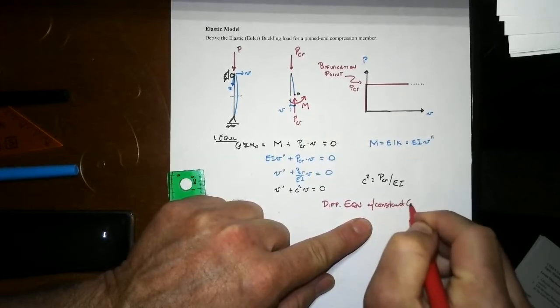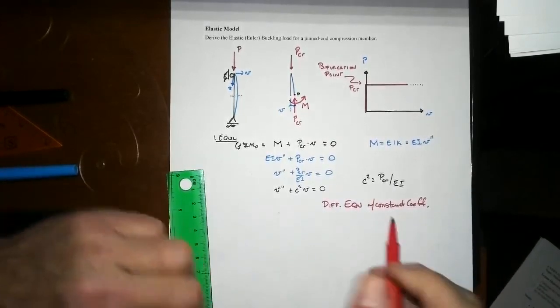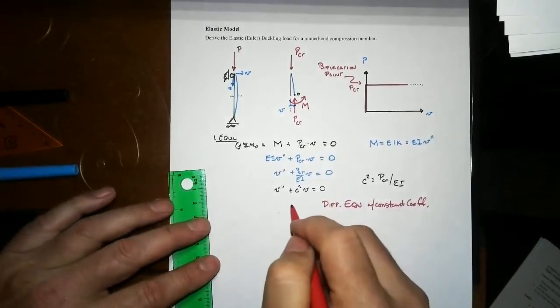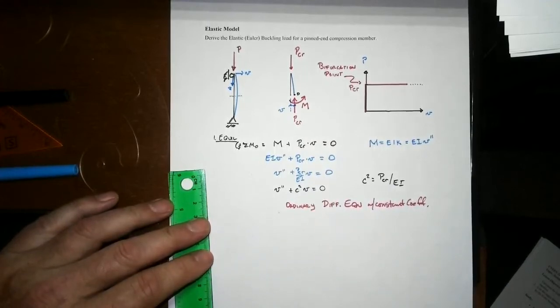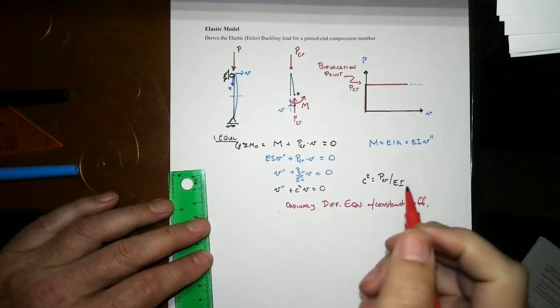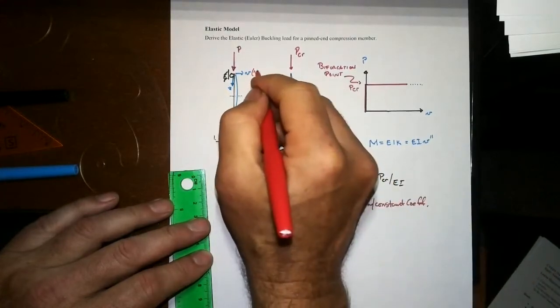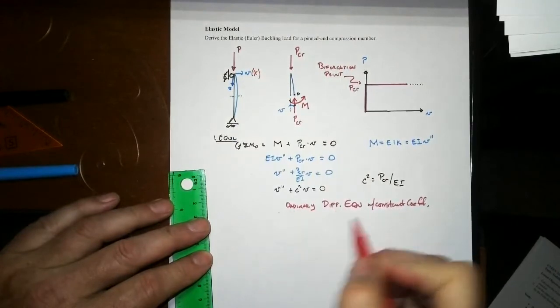But there's a lot more to this. This is an ordinary differential equation. What would be not ordinary? A partial differential equation. So our little v here is just a function only of x, so it's an ordinary differential equation.